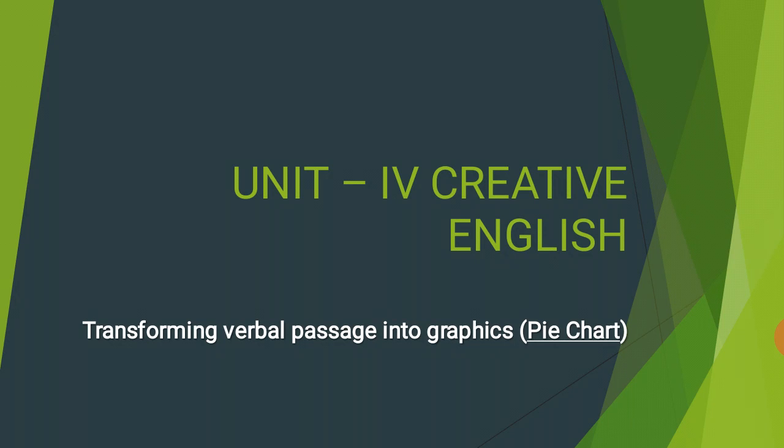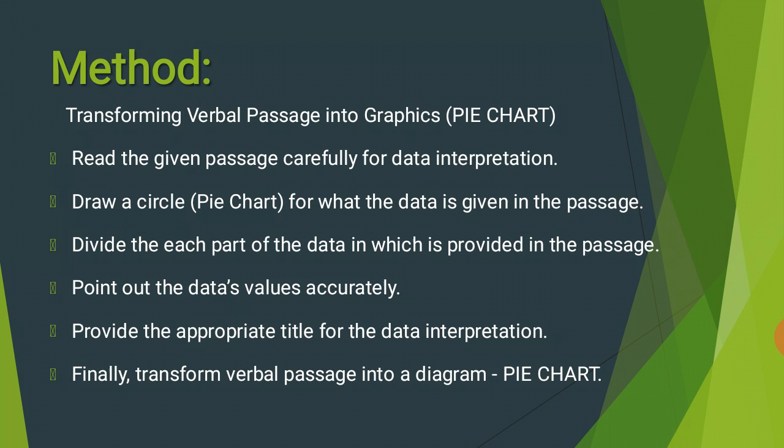See the slides, you will understand. Students, first of all, we have to see the method of transforming verbal passage into graphics, that is called pie chart. Before starting the pie chart, read the given passage carefully for data interpretation. Next, second thing you have to do, draw a circle, that is the pie chart, for the data given in the passage.